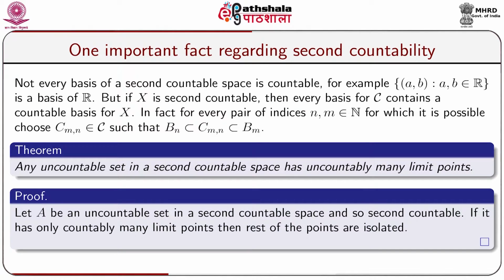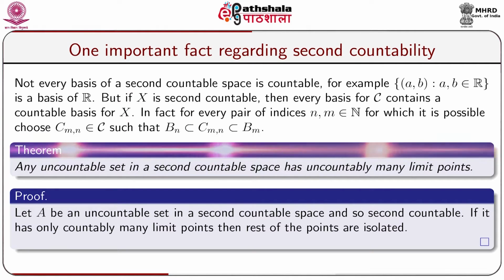Then for every pair of indices n, m for which it is possible, let us choose some Cmn belonging to script C such that Bn is contained in Cmn, which is contained in Bm. Then this collection Cmn gives a countable basis of the space X contained in the collection script C.